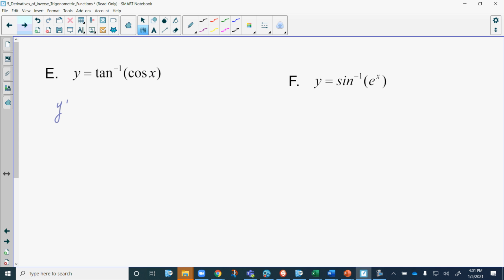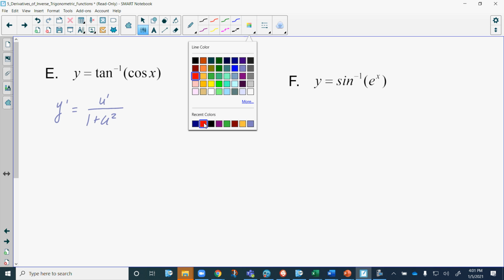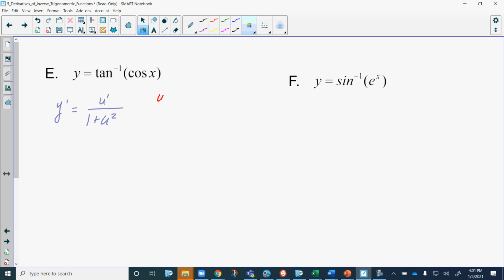So the derivative rule for tangent in this case is the derivative of u over 1 plus u squared. So here I'm going to look at u as being the cosine of x. So u squared would be cosine squared of x, and the derivative would be negative sine of x.